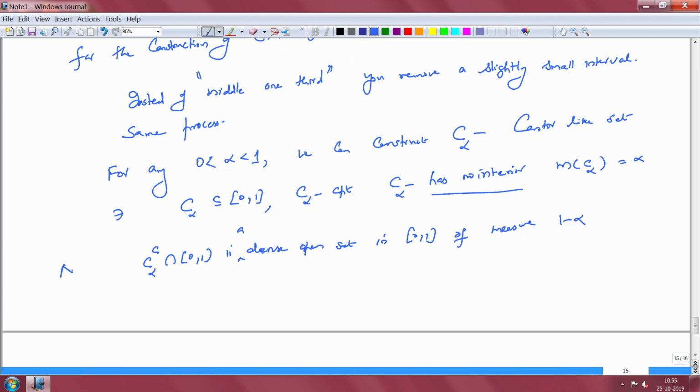So, note that, you can make this as close to 0 as you want. So, you have very small dense open sets which you can consider. Of course, that is not very surprising. Okay, we will stop here.